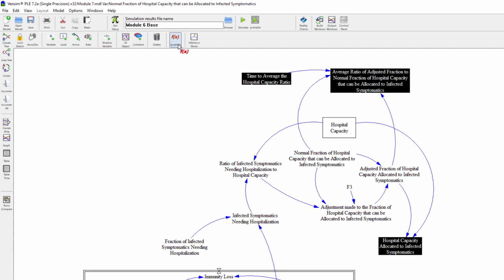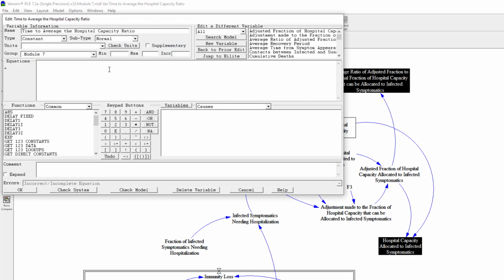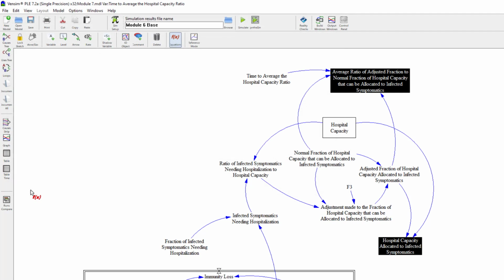This time constant will be 6 days. If the adjusted fraction is higher than the normal fraction for some time, like a week, that starts to burn out staff working at the hospital.